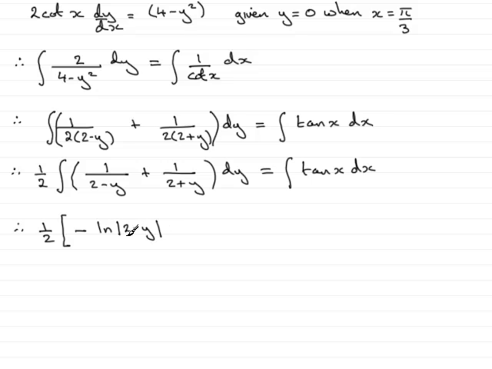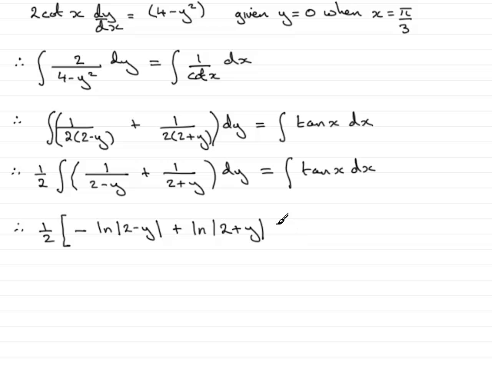Similarly, when I integrate this, I check that differentiating the denominator with respect to y gives simply 1, and that's on the top here. So this will be a natural log type as well, the natural log of the denominator, so that's the natural log of the mod of 2 plus y.